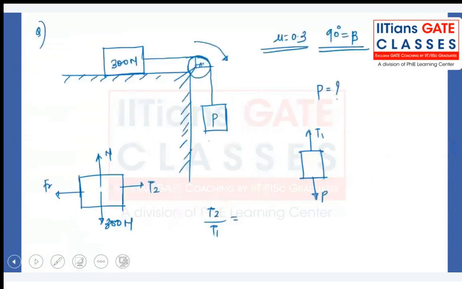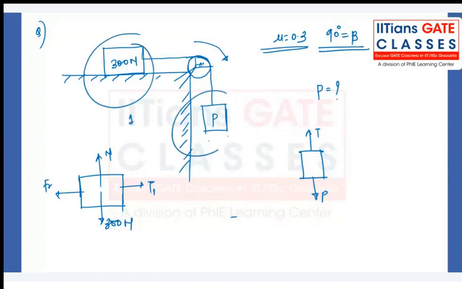Let me write it in a different way to make you understand. T1 is this, for example. This is the first diagram and this is the second. You are calling this T1 and this T2. Forget about T1 being the max tension and T2 the lesser tension.